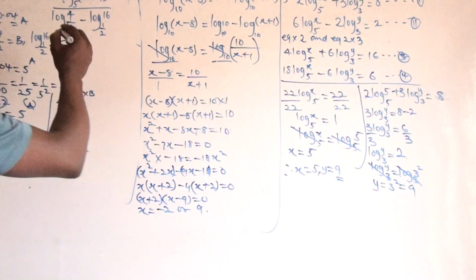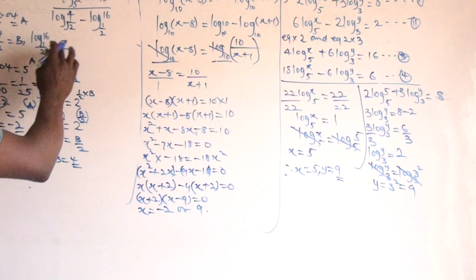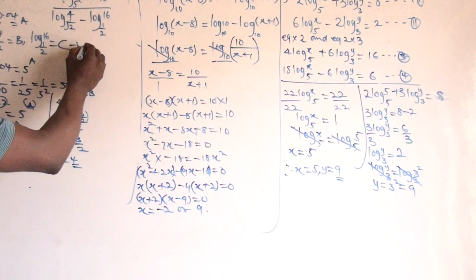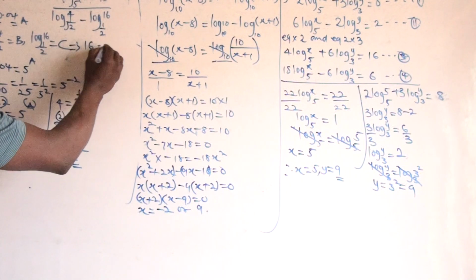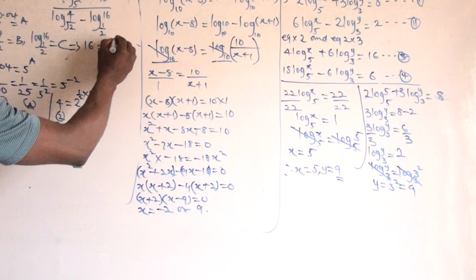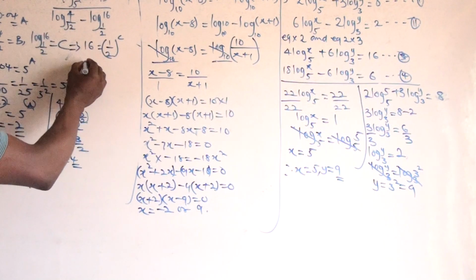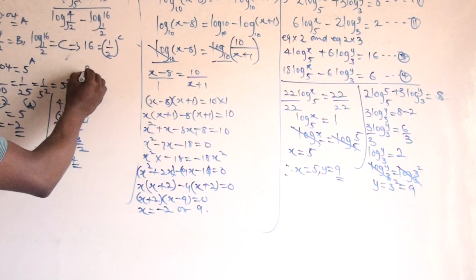Now similarly, let's find an expression for c. So c here also implies that 16 is equal to half raised to the power of c. Here, 16 on this side is the same thing as 2 raised to power 4.